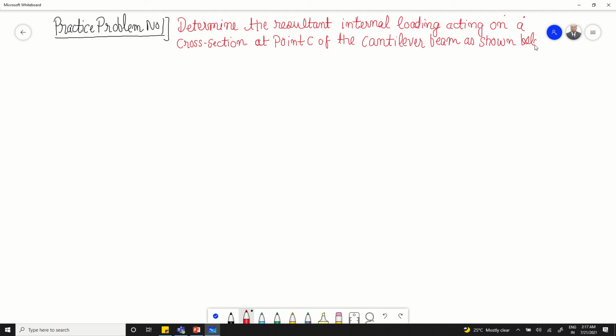As shown below, the cantilever beam actually looks like this. This is a fixed portion. This is your beam.